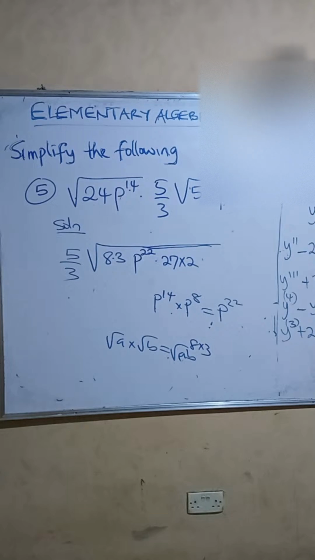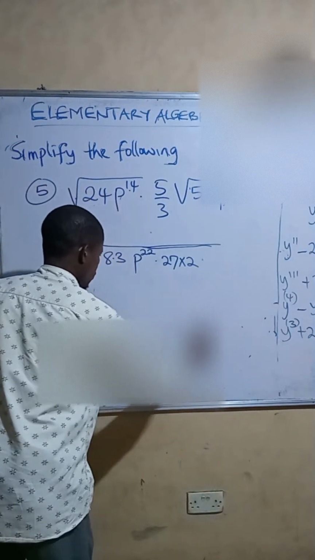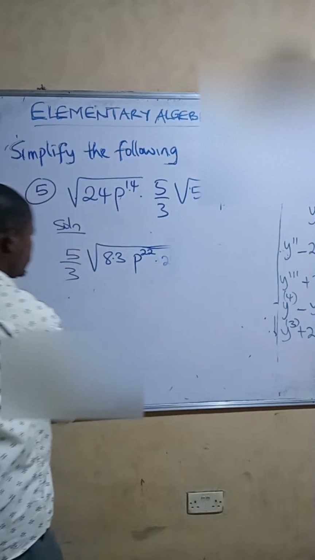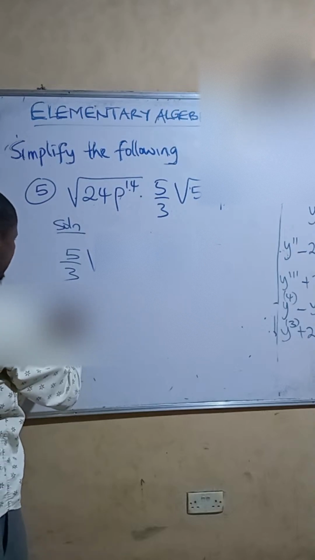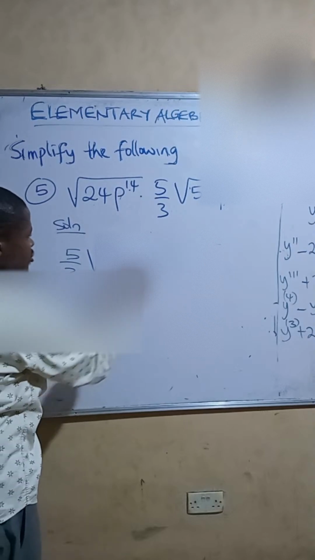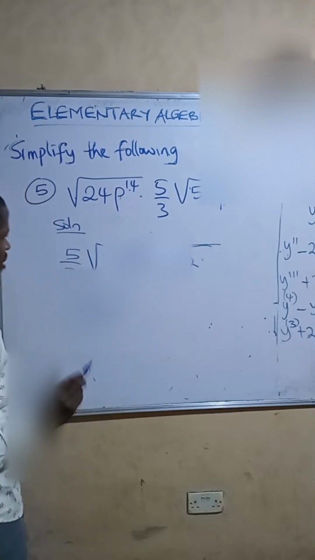Okay. So what we are going to do now is to begin to have the picture in view of the final answer. This is square root. So we're going to have 8 times 2. That's square root of what? 16. So that one is done.